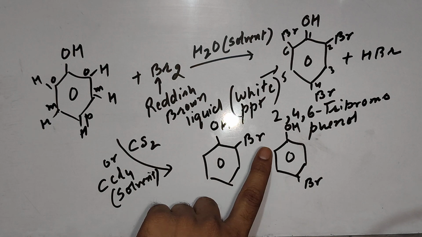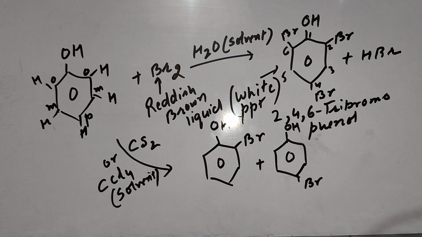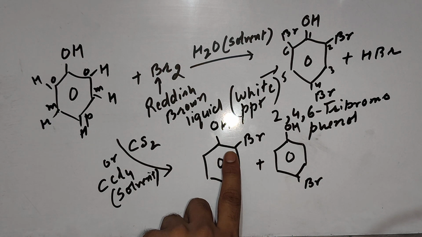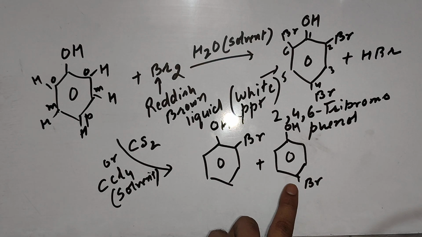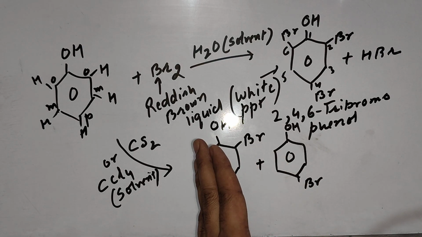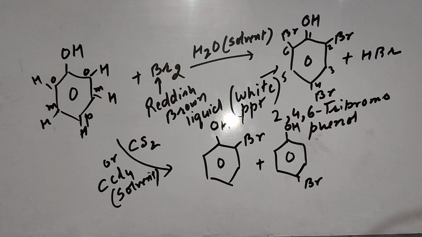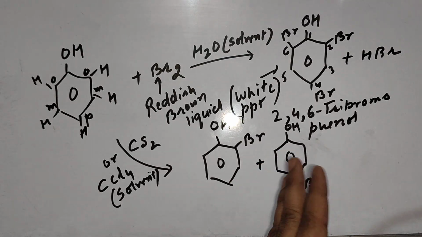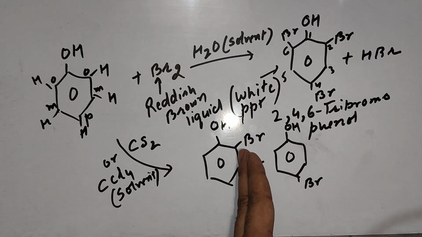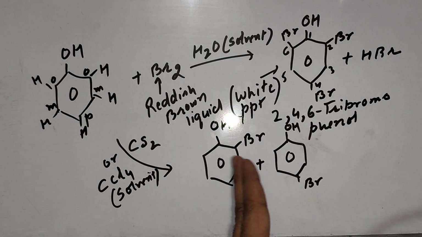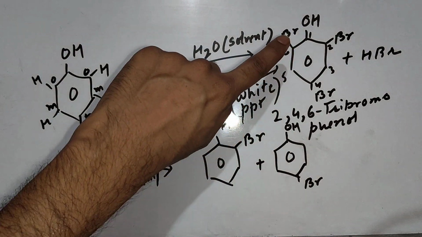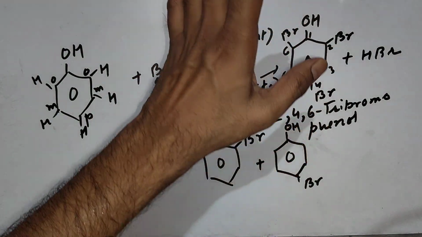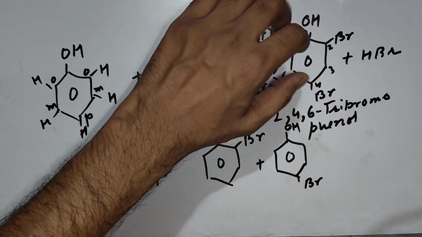And obviously at which position? Ortho and para. Only one hydrogen is replaced by bromine, either from ortho or from para. So ortho substituted product and para substituted product will generate simultaneously or separately. Ortho separate, para separate. But here ortho and para substitution was happening on the same ring.